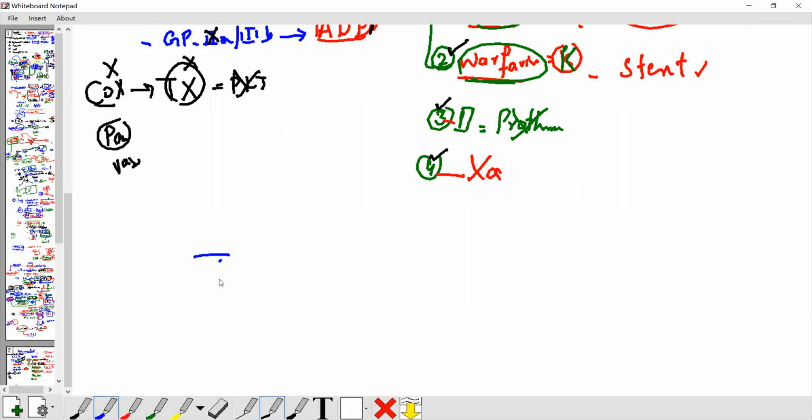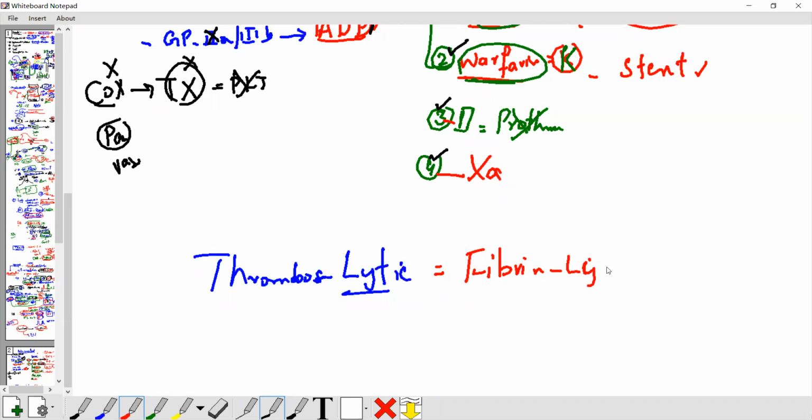If the clot is already formed, our third group is another group known as thrombolytics. If thrombus formation is already there, thrombolytics. What do these drugs do? These thrombolytics break the clot. You can also call them fibrinolytics, it's a better name.